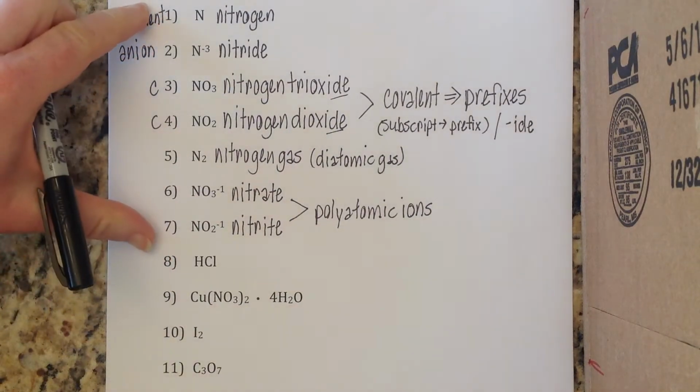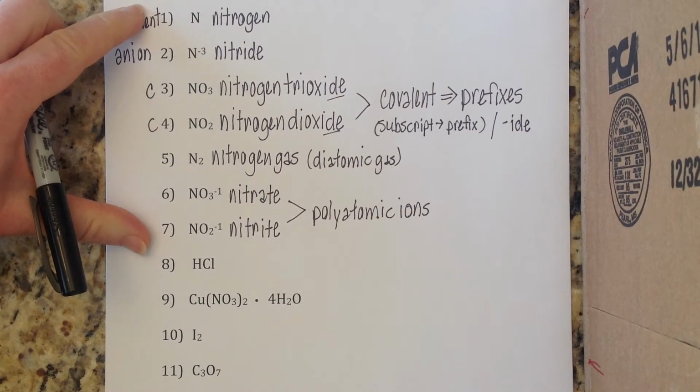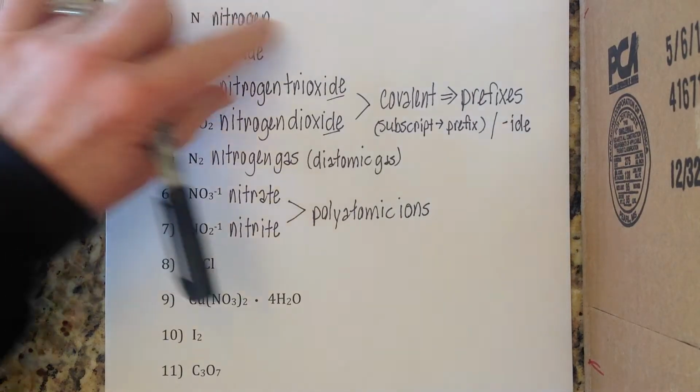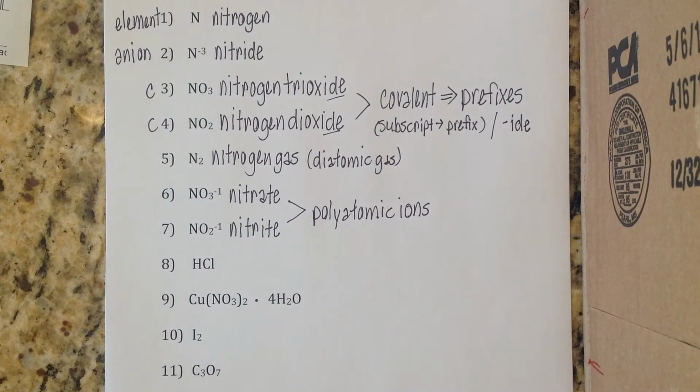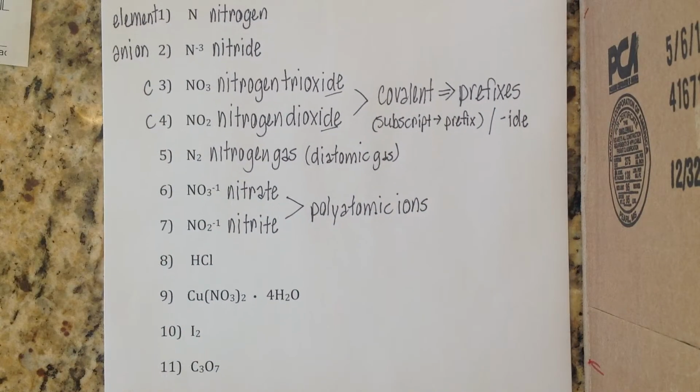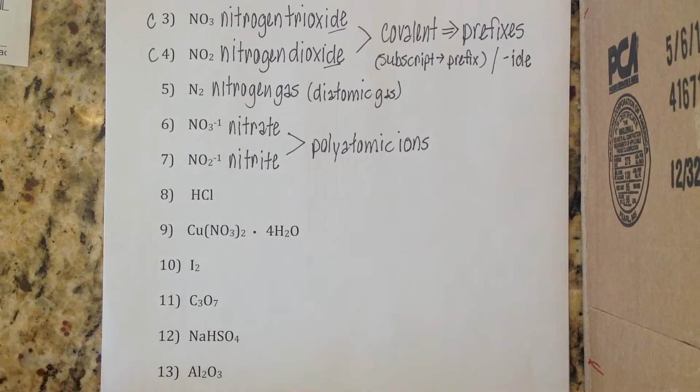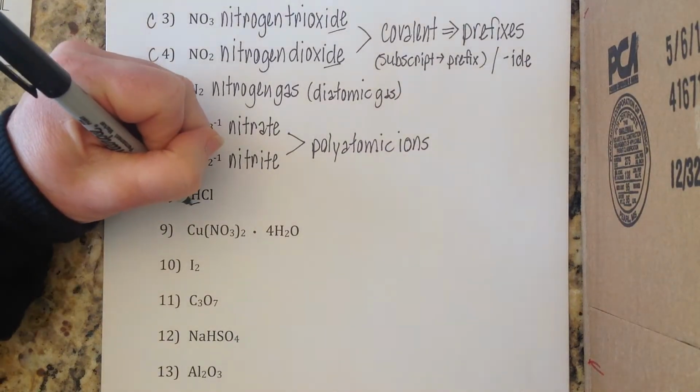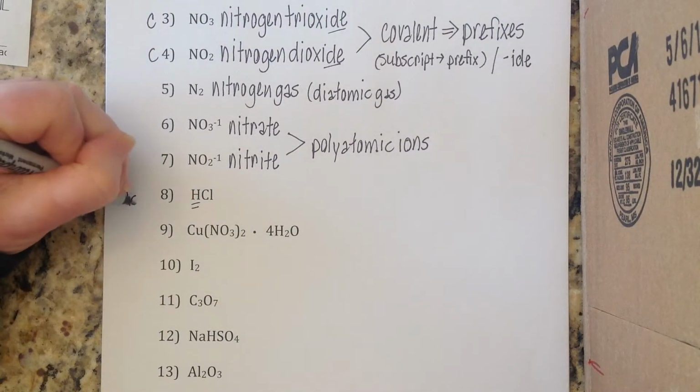So I put a lot of things together that you would think would be really similar, but you're also seeing all these subtle differences. That's just very important, and that's why I wanted to group these all in one section. So let's look at number 8. Now the first thing that stands out to me on this is that H in the front. That tells me this is going to be an acid.